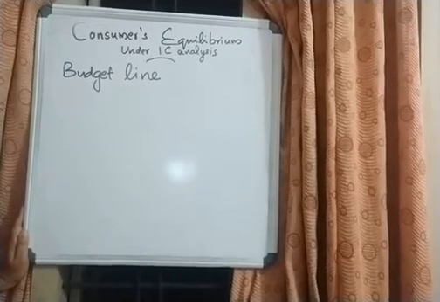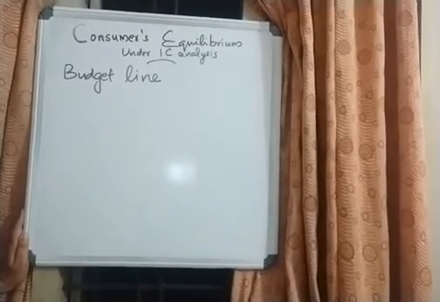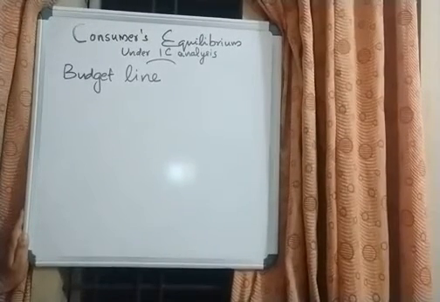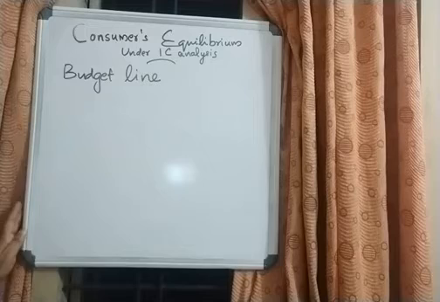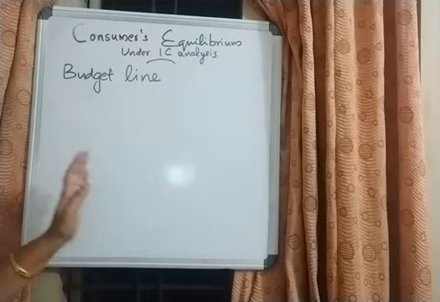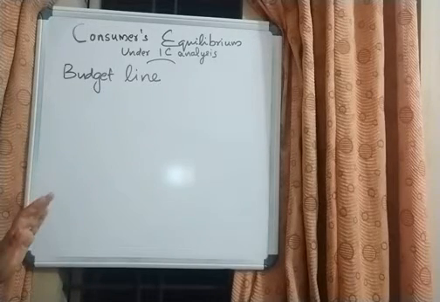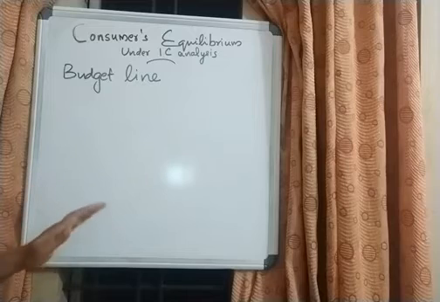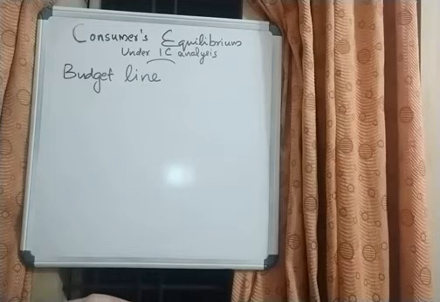Next is budget line. It is defined as all possible combinations of two goods that a consumer can buy spending his entire income.